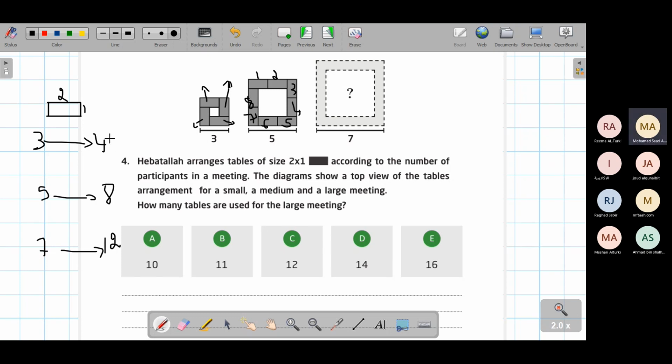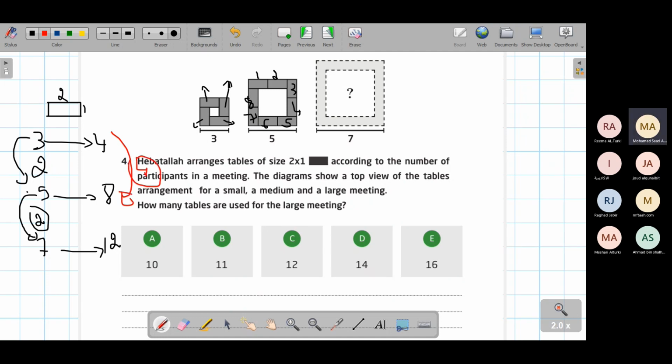Because here from 4 to 8, I am adding 4 tables. And also from 3 to 5, 2. From 5 to 7, it's also 2. So from 4 to 8, it's 4.